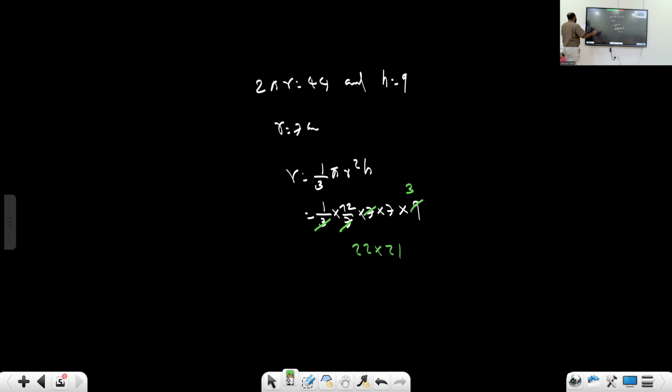13th one. Given that diameter equals 9 meter, therefore radius equals 9 by 2 meter. Height equals 3.5 meter, which is 7 by 2 meter. No need to find the slant height because they are asking the volume.